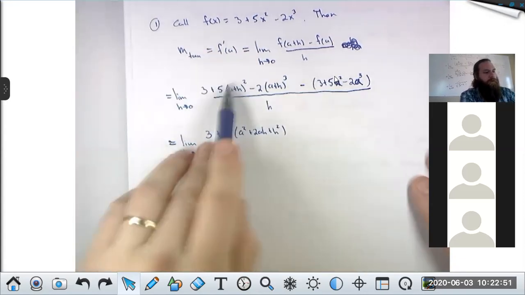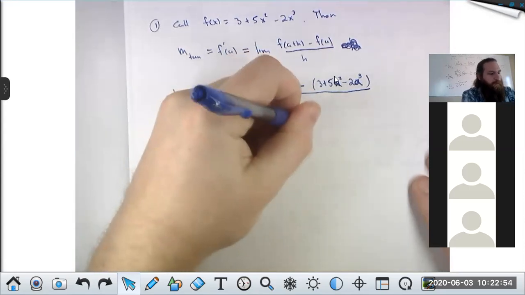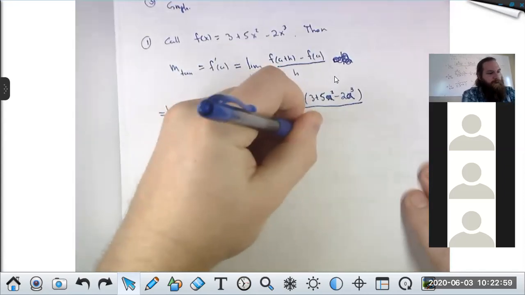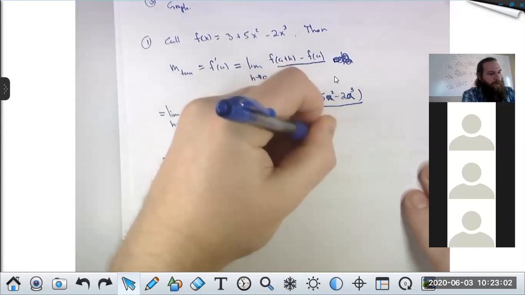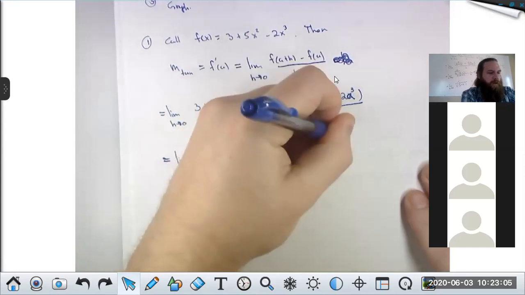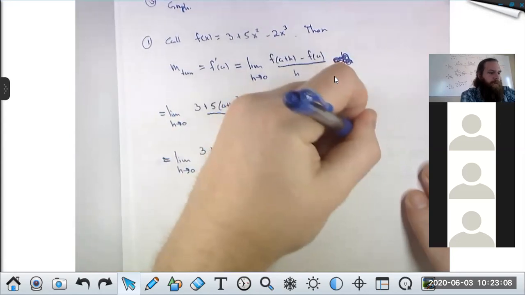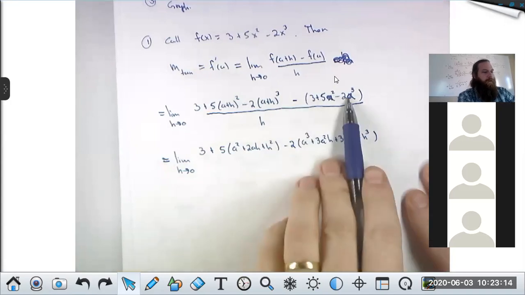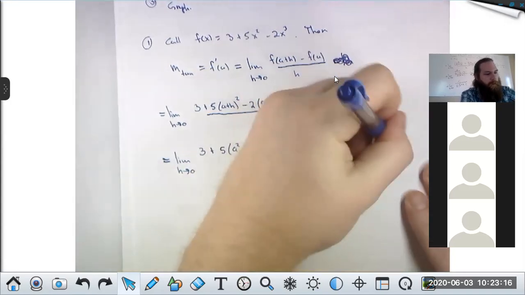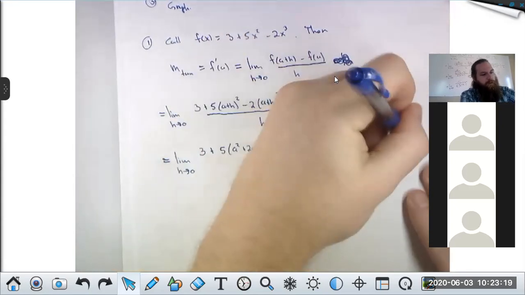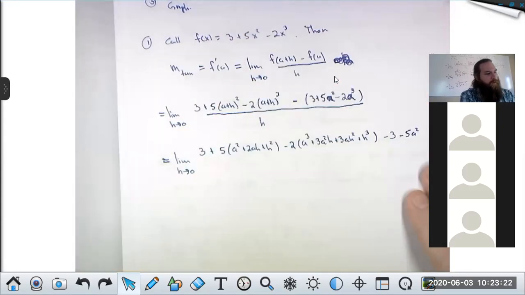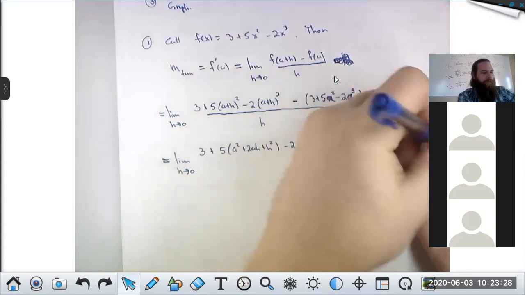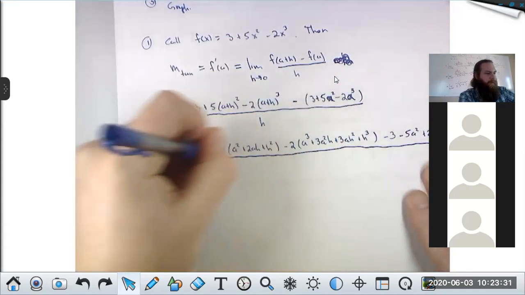That's foiling out the a plus h squared, minus 2 times this apparatus, a cubed plus 3a squared h plus 3ah squared plus h cubed. And then from that, I need to subtract this. I'll go ahead and distribute the negative. So that's going to be minus 3 minus 5a squared plus 2a cubed, all over h.